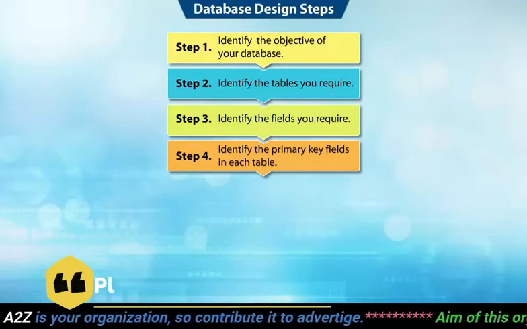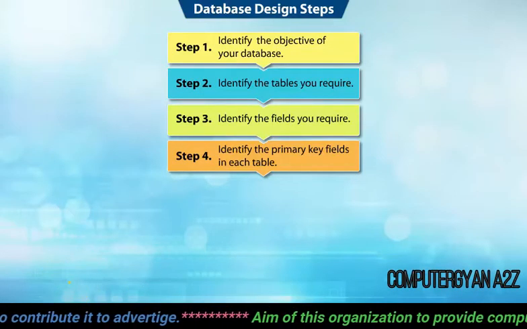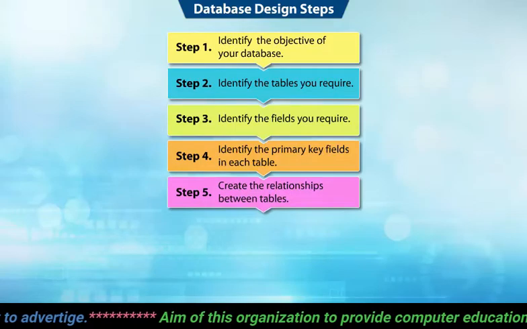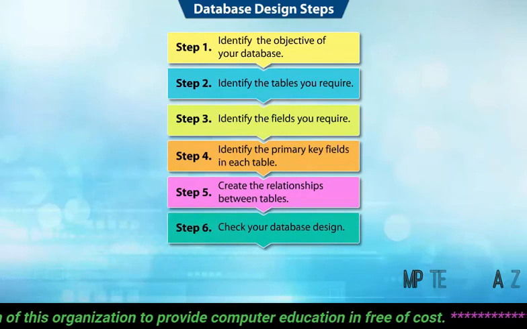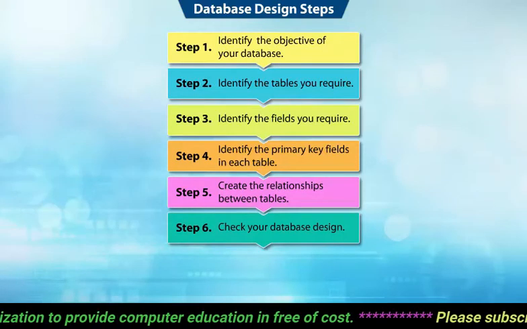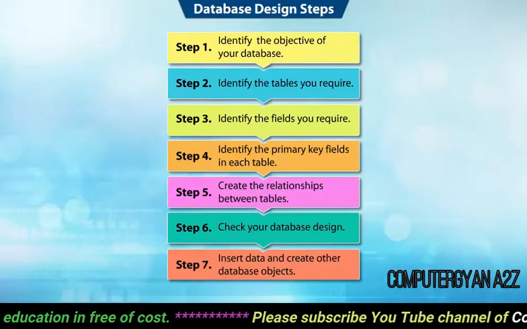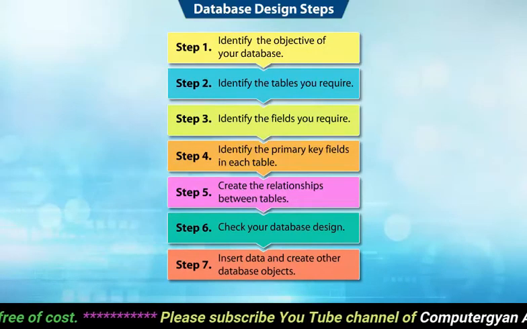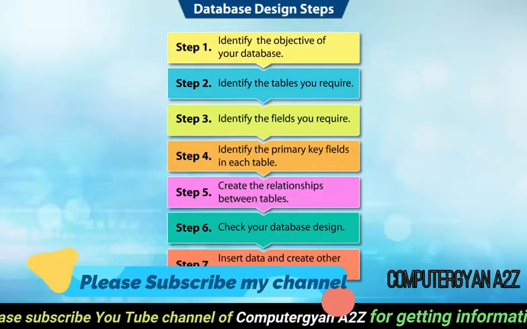Identify the primary key or fields for unique values. Step 5. Define the relationships between tables. Step 6. Evaluate your design. Step 7. Insert data and create other database objects. Now let us look at each step in detail.